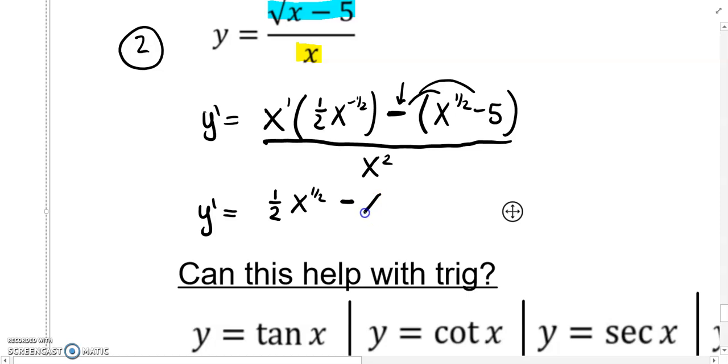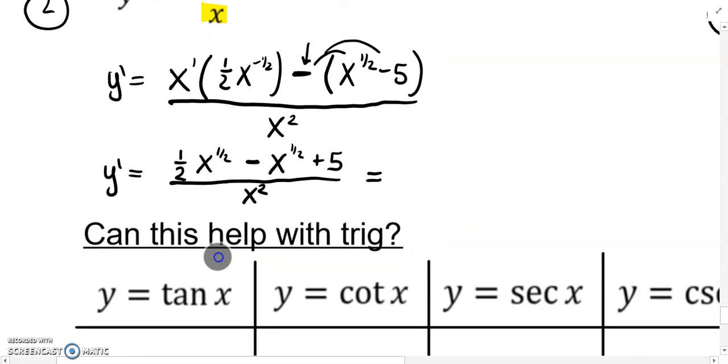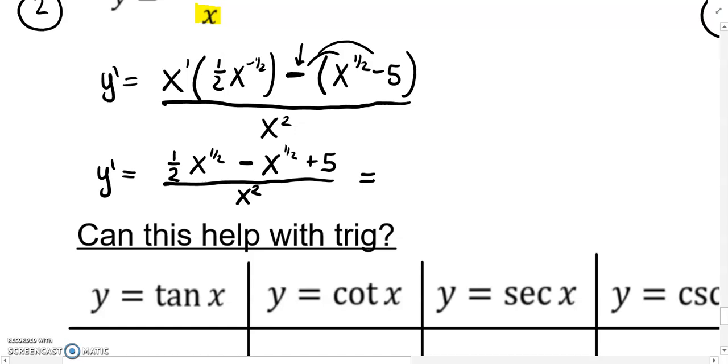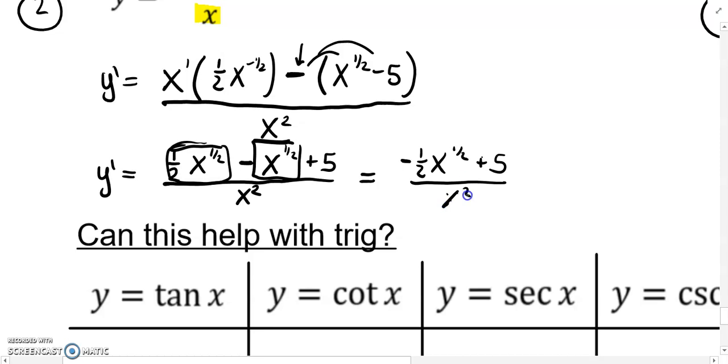So this is going to be x to the 1/2 plus 5 over x squared. Okay. So as we simplify that, we're going to get x minus, because these are going to be like terms, these right here above. Okay, these are like terms. 1/2 minus 1 is going to be minus 1/2 x to the 1/2 plus 5 over x squared.